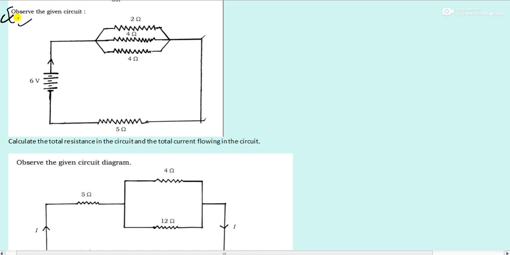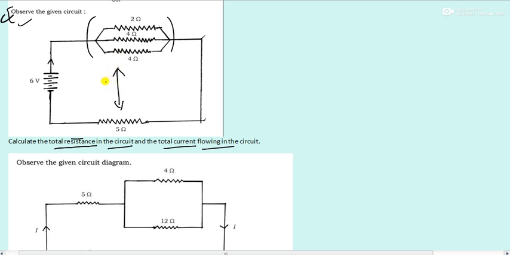Observe the given circuit. Now calculate the total resistance in the circuit and the total current flowing. They have asked for total resistance, so we have two sets of resistance. One is in parallel, correct, and that parallel is connected to this, isn't it?